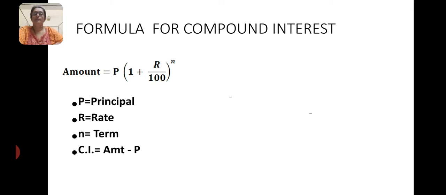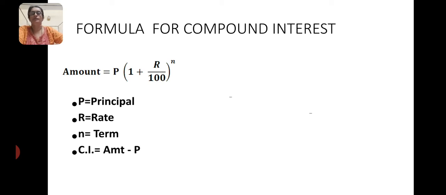Amount will be P in the bracket 1 plus R upon 100, the bracket raised to N. Here P is principal, R is rate, N is term, that is the number of years, and CI, compound interest, will be amount minus principal.